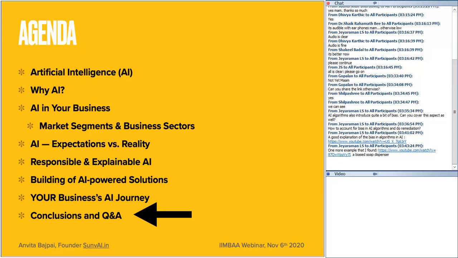Those are the basic principles of ethics which have to be followed and which will also be part of the Act. That's how it comes to data. And when you talk about how much AI we can do, it depends on the use cases; as long as you are following these principles, that much AI you can do.